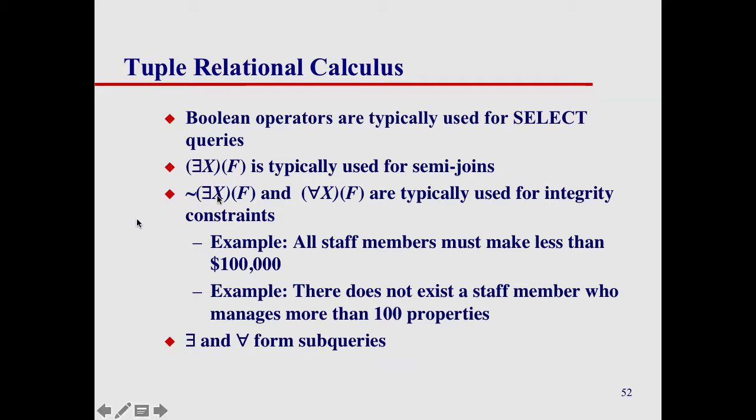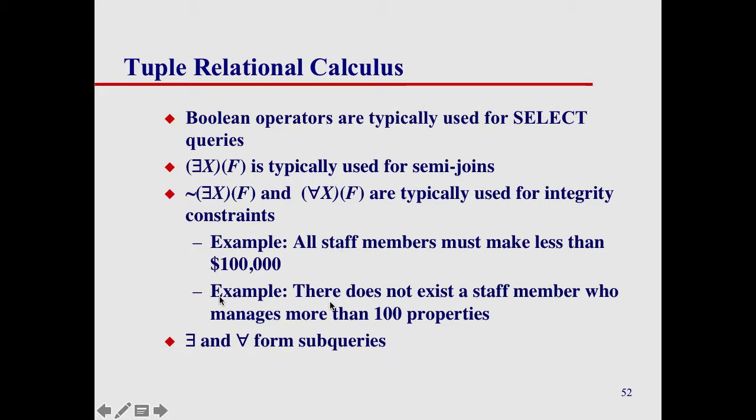And when you say not there exists or for all, you're typically doing an integrity constraint. As an example, you might be saying all staff members must make less than 100,000, or comparably, you could say there does not exist a staff member who makes more than 100,000.